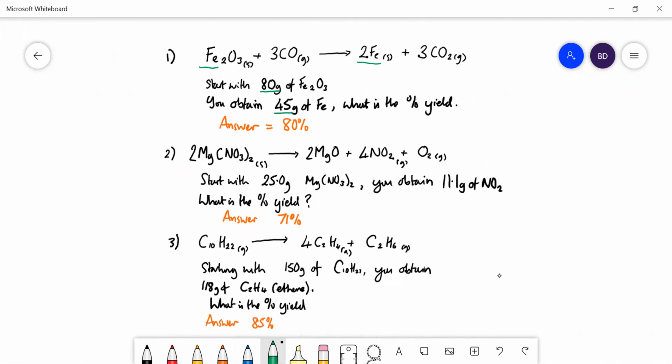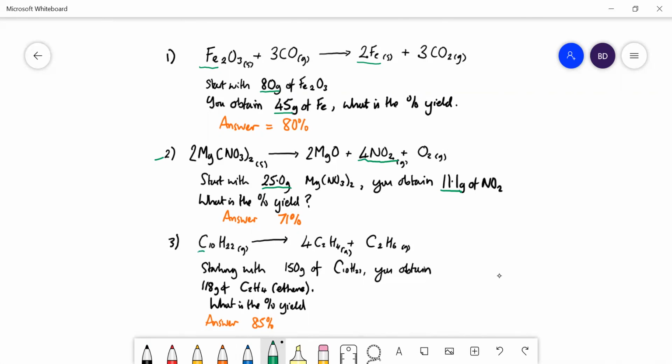Number 2, magnesium nitrate, is a solid. You heat it up and this brown gas, nitrogen dioxide, is given off, and that's the product we want. Starting with 25 grams of magnesium nitrate, you get 11.1 grams of nitrogen dioxide. What's the percentage yield? And then the final one is a cracking reaction.